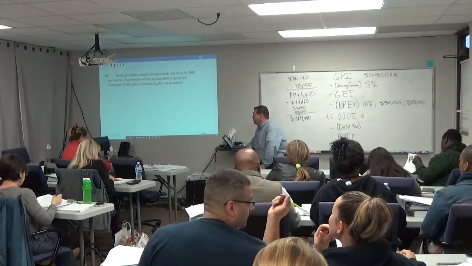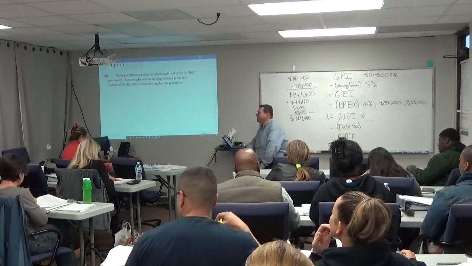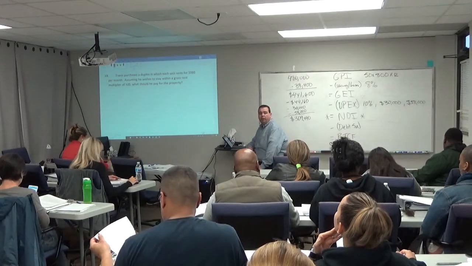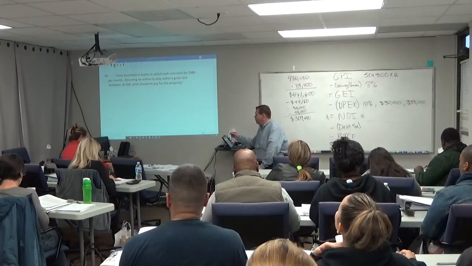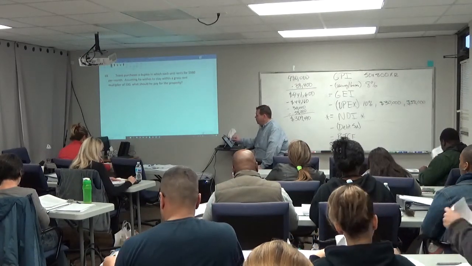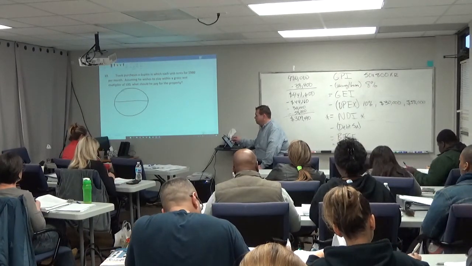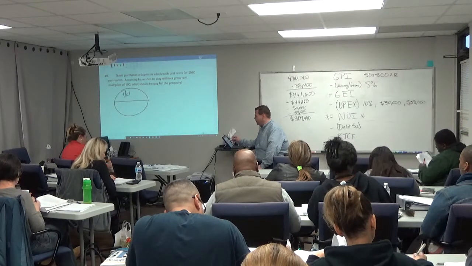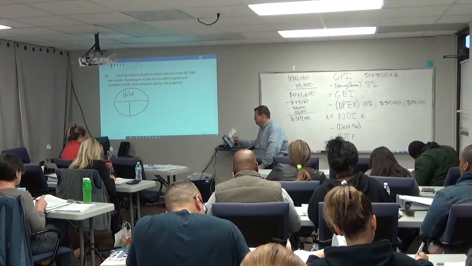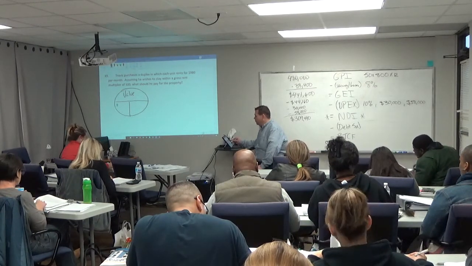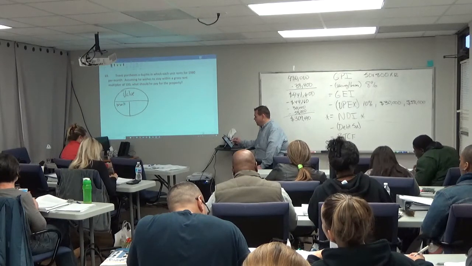Assuming he wishes to stay within a gross rent multiplier of 100, what should he pay for the property? All right, so, gross rent multiplier formula, what does it look like? What goes on top? The purchase price. Value or purchase price, right? And what goes on the bottom? Monthly rent and gross rent multiplier, right?